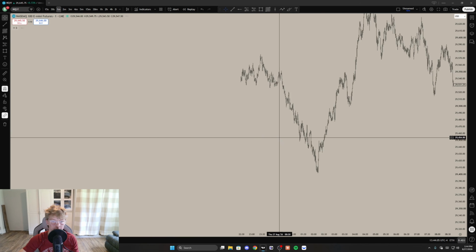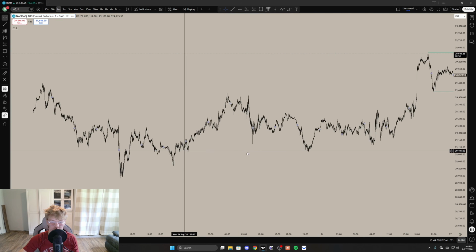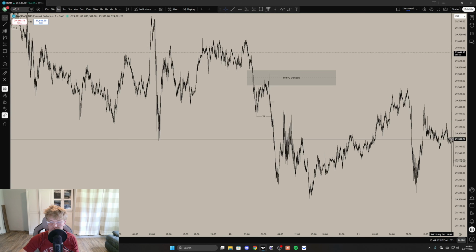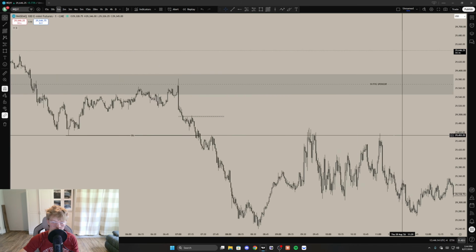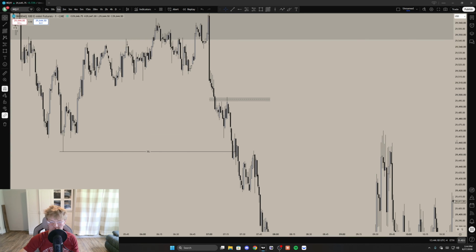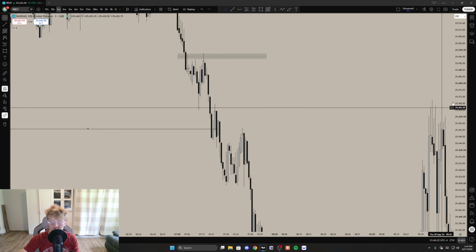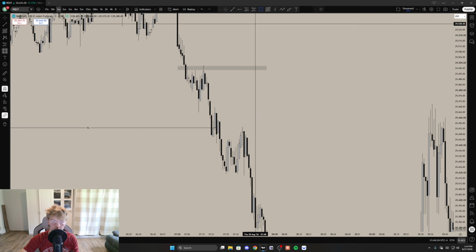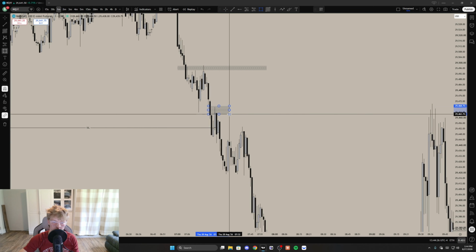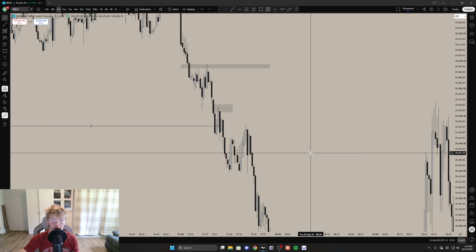Let's go to something like the minute time frame. We got to find it first. Okay, so we have our hourly sponsorship, our 5-minute sponsorship, and what we see is that we continue to hold because of sponsorship. We have a 1-minute gap right here that holds and sends lower because of sponsorship.